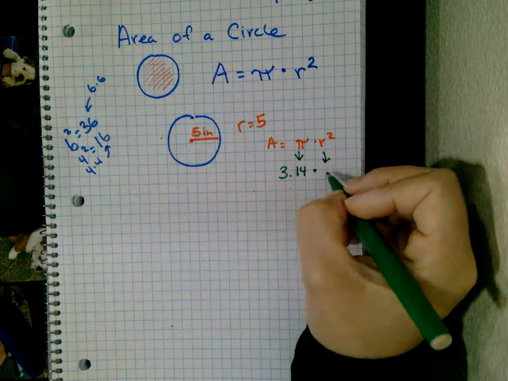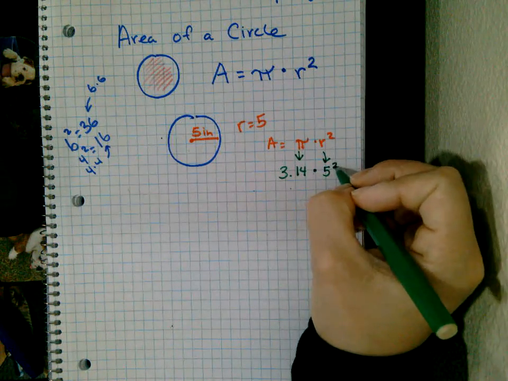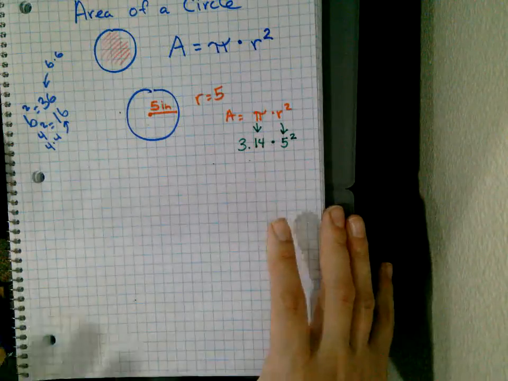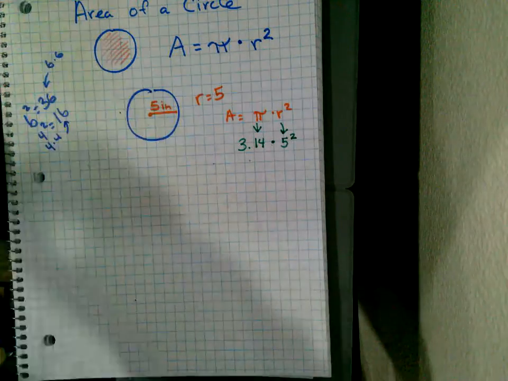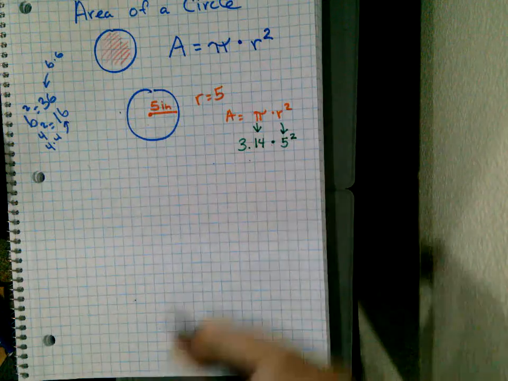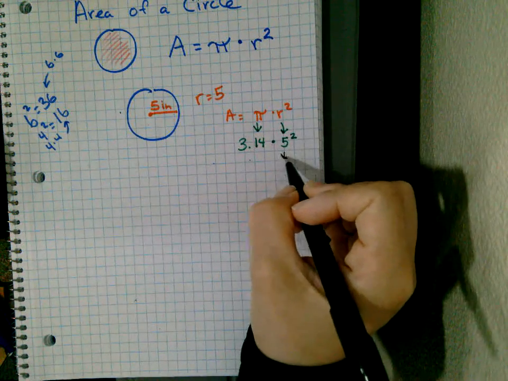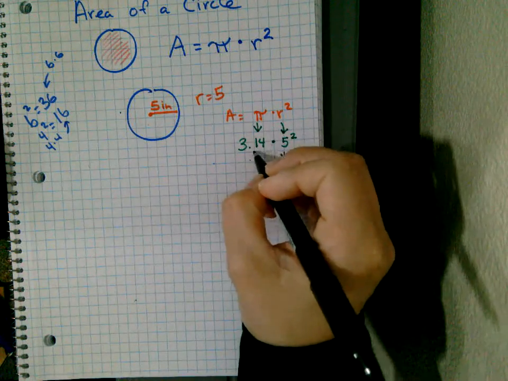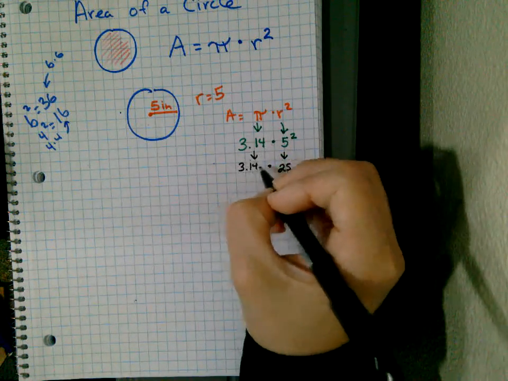So radius is 5, and I'm going to square it. Now, order of operation says I have to do the exponent first. So 5 squared is 25. I can do that in my head. Times 3.14, right?